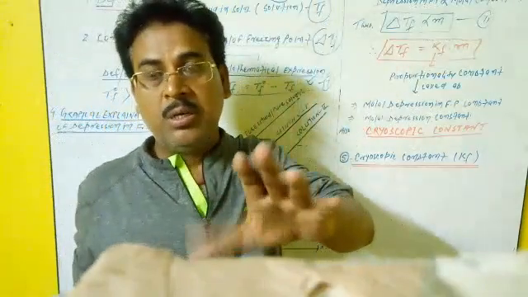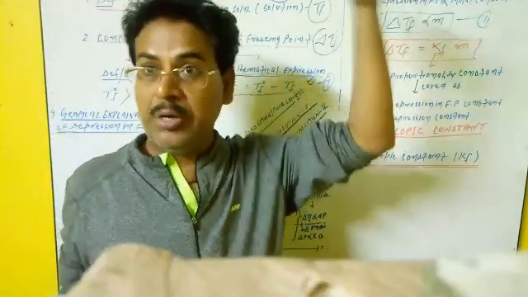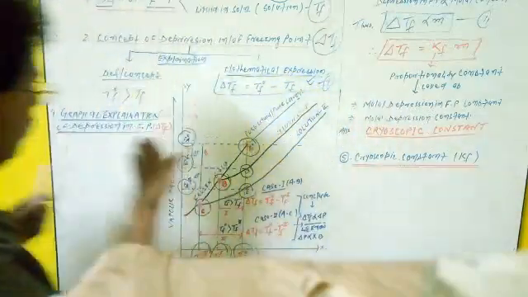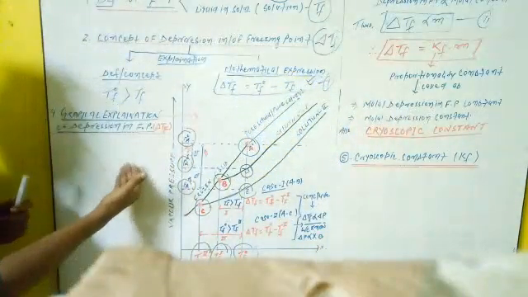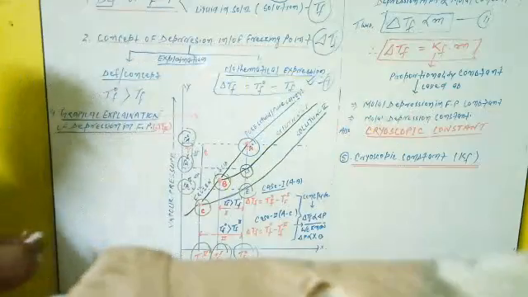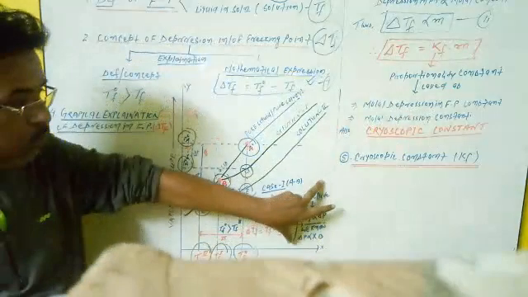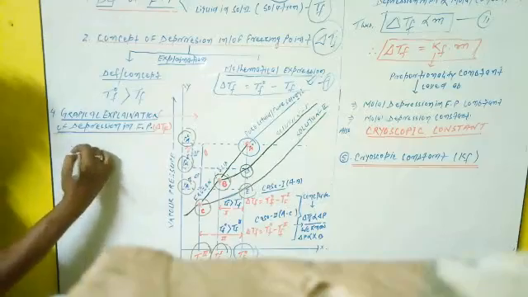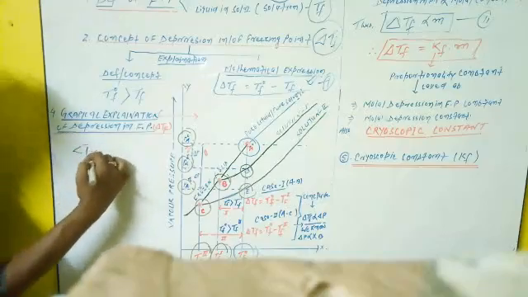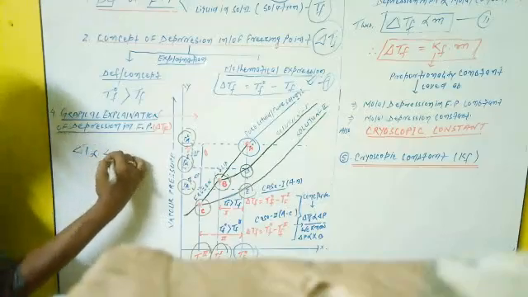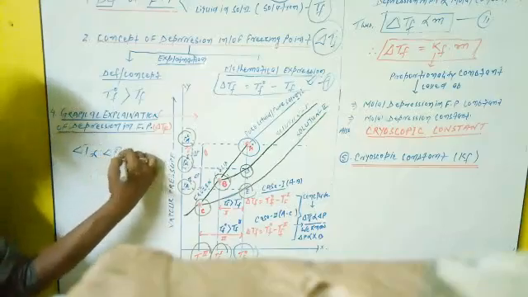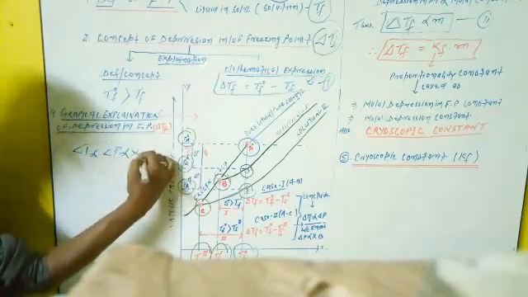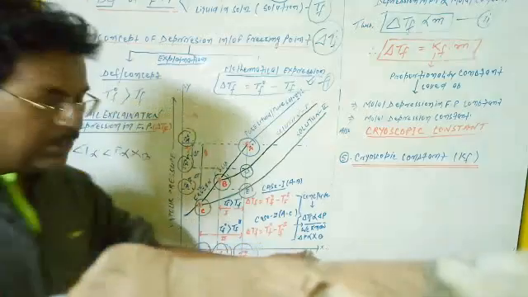In short, like the elevation in boiling point, we already explained in a broad sense. We only want to recognize them here. So from these two relations, you see here delta TF is directly proportional to delta P. It is directly proportional to chi B. Yes or not? From this relation.